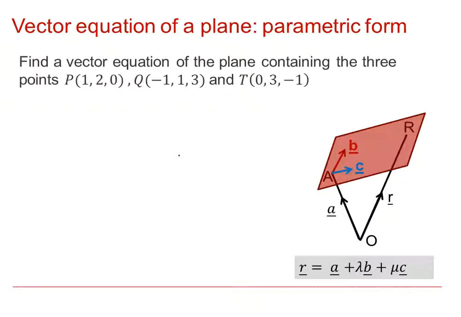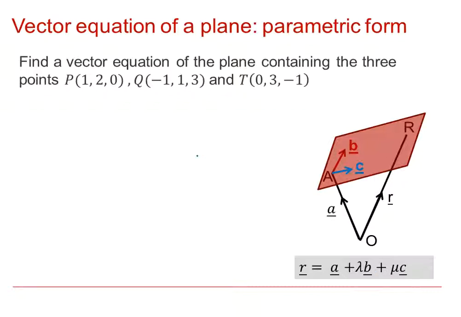So in this example we've been given the coordinates of 3 points on the plane. In other words, we know 3 position vectors. We know the position of the point P, the position of Q and the position of T, and we can use these 3 points to define the plane in parametric form, where lambda and mu are the parameters we're going to use.